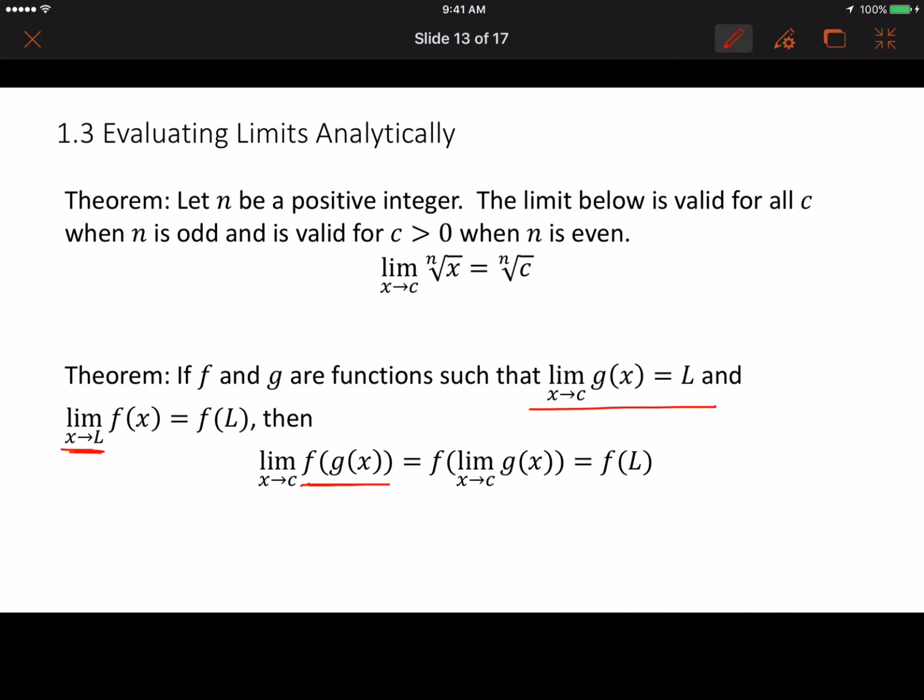So it's f of the limit as x approaches c of g of x. And now this limit is just L. So that's equal to f of L.